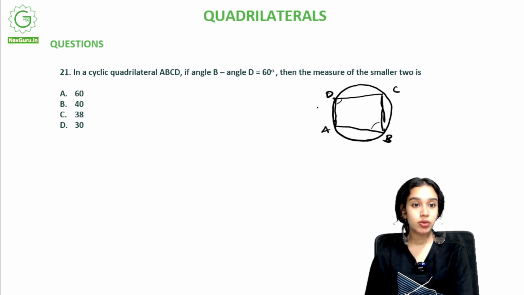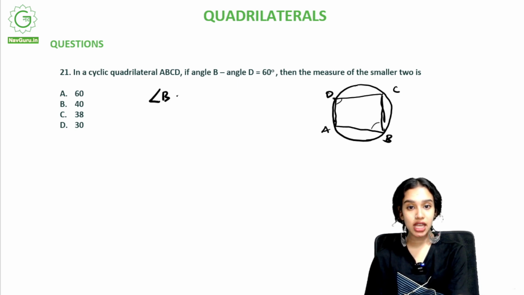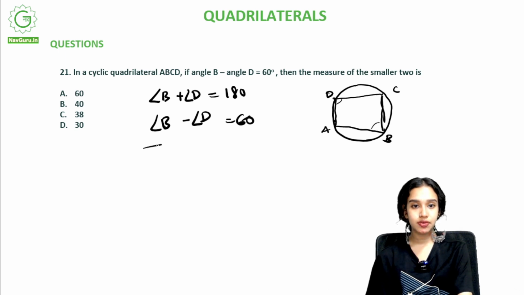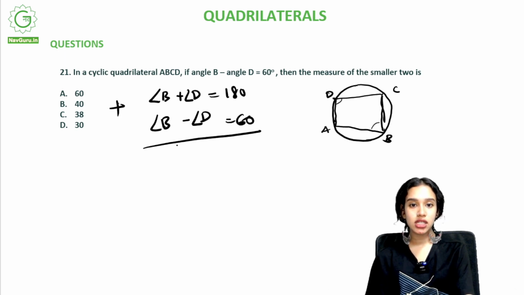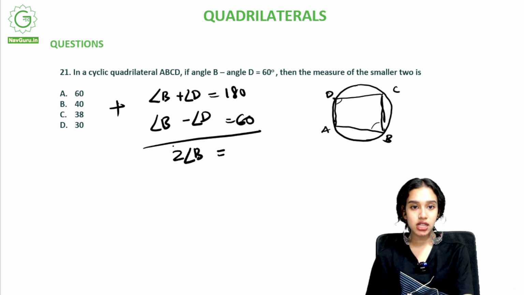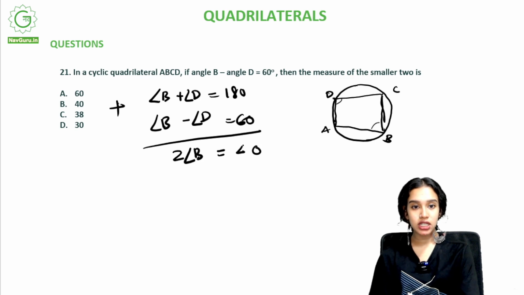But angle B plus angle D should be 180 degrees. It is given angle B minus angle D is equal to 60 degrees, right? From adding these two equations, we get 2 times angle B is equal to 240, since the plus and minus cancel out.